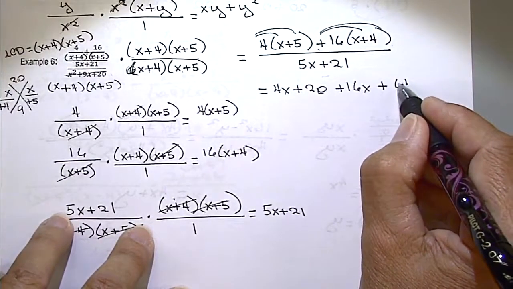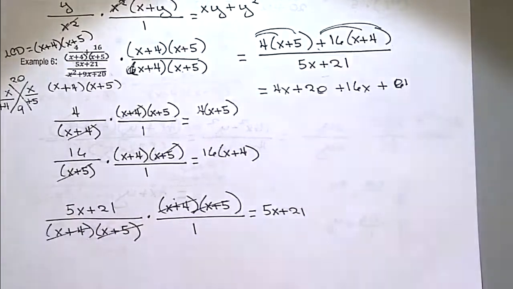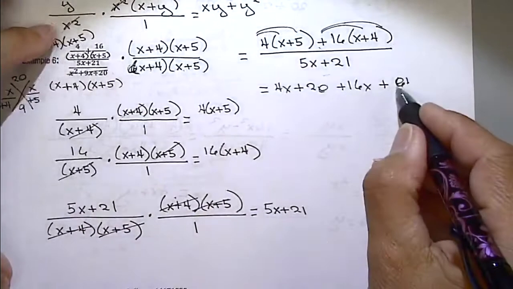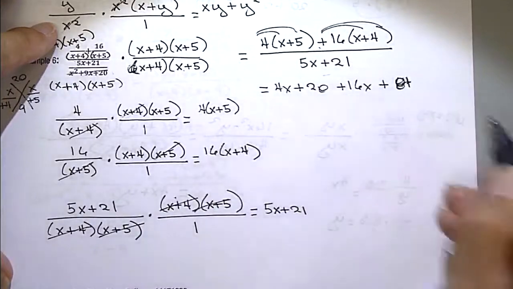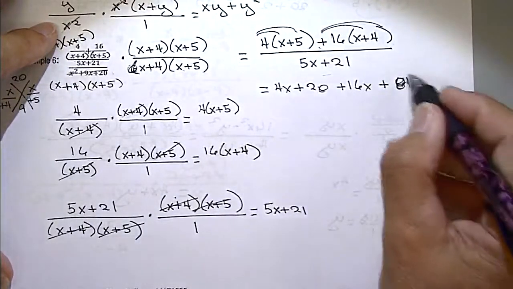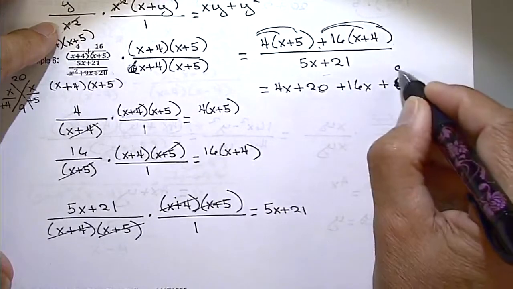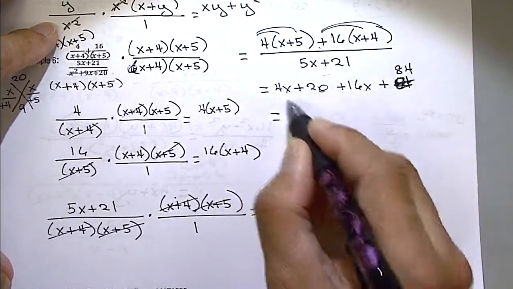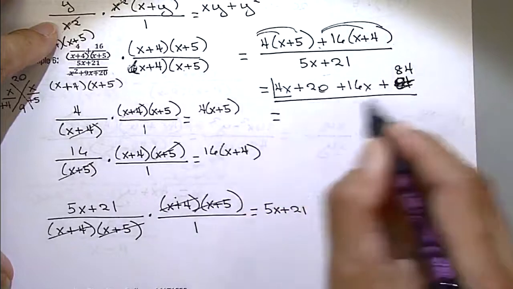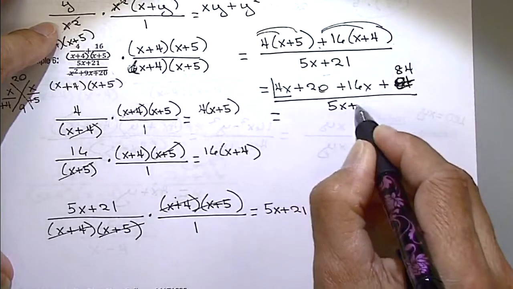I thought it was 64. You sure? Yes, you're right. Absolutely, 84. That doesn't look like an 84, but it is. All right, over 5x plus 21.